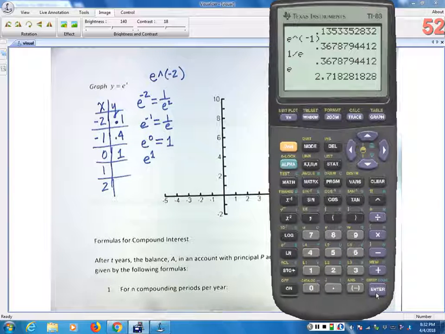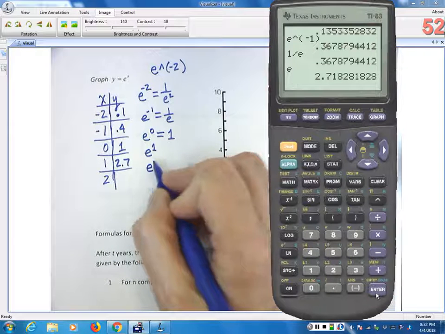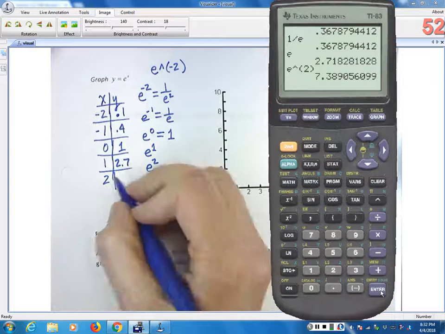So that's about 2.7. And e squared, we put that in the calculator, so second natural log, e to the second power is 7.4.